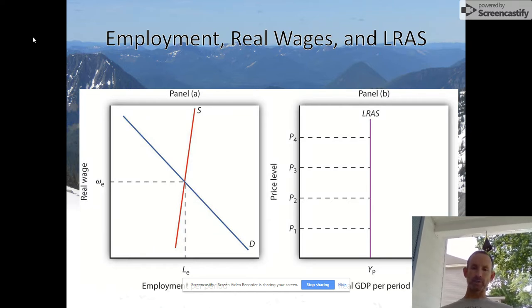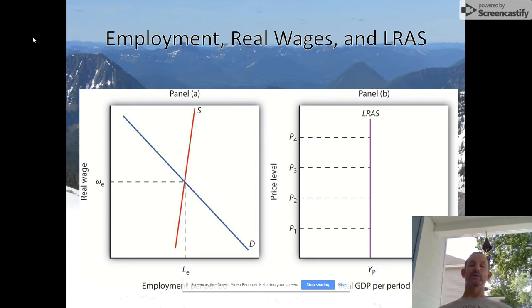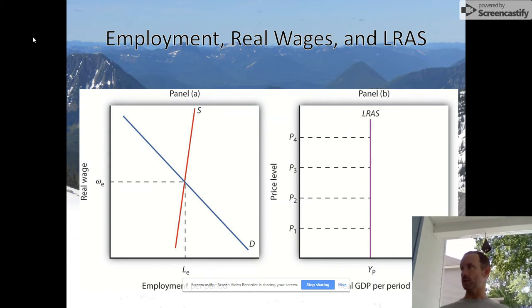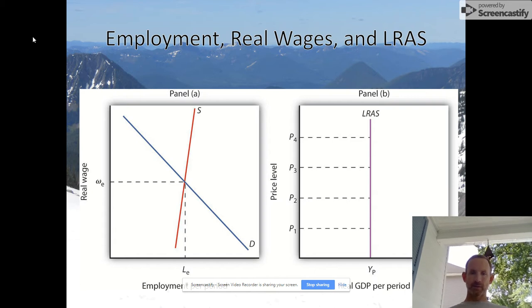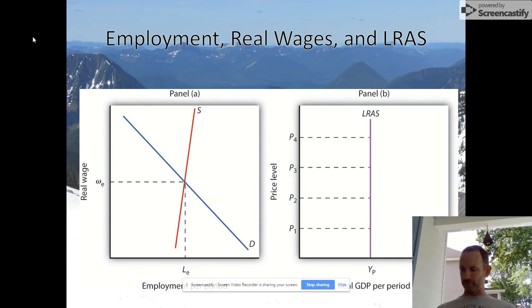An example of that would be if the price level goes from P1 to P2 to P3, but the real wage goes up accordingly and keeps up with it. Sorry, nominal wages go up accordingly and keep up with the price level. If they move up together, then the real wage hasn't changed and our potential output hasn't changed. So that's, again, the relationship between the labor market and the long run aggregate supply curve.